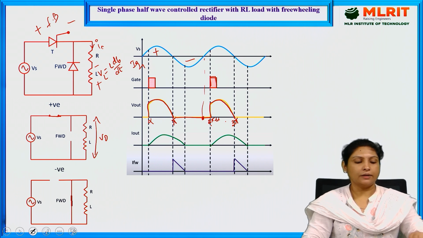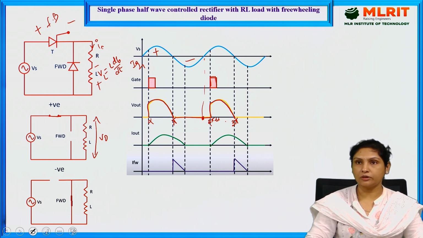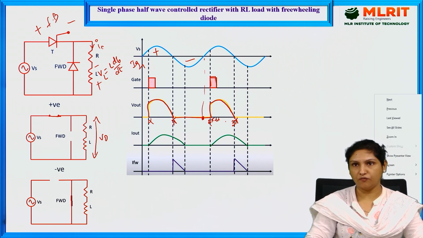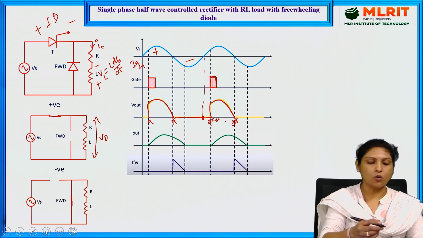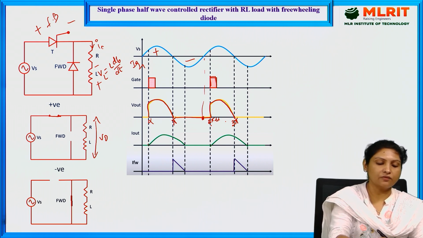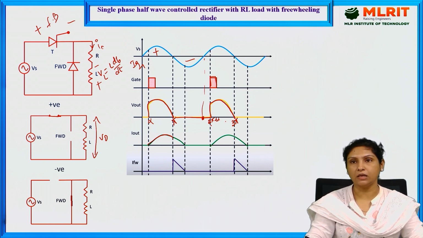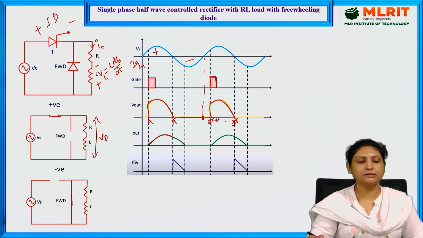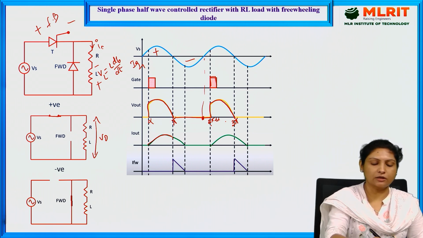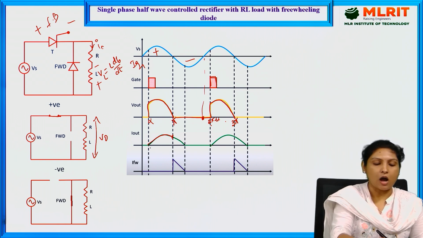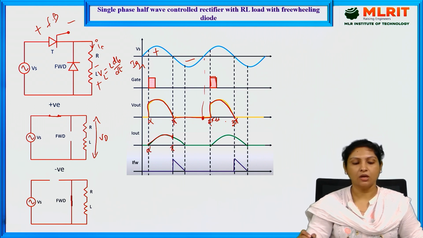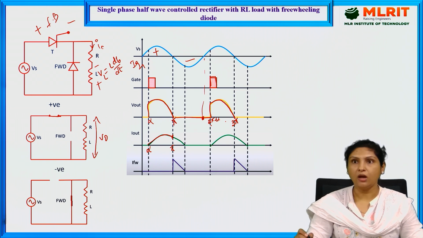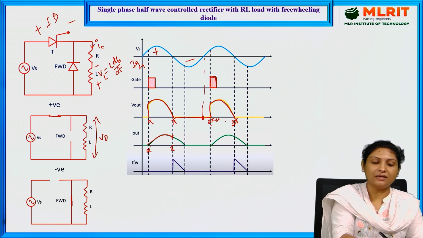Now, coming to the output current, let us see the output current waveforms. Here, we are getting the output current from alpha to pi. At the instant pi, the output current is maximum. If you see, the current is building at a slow rate.